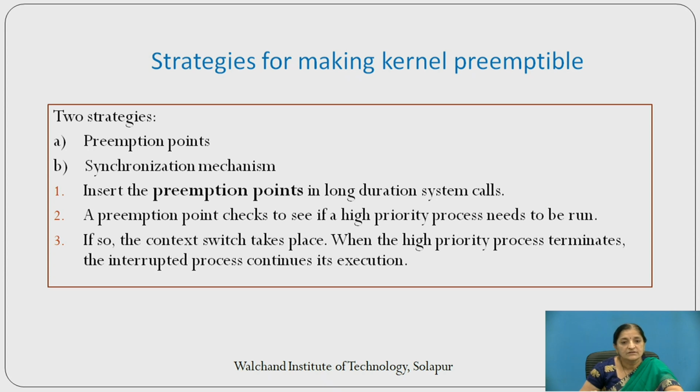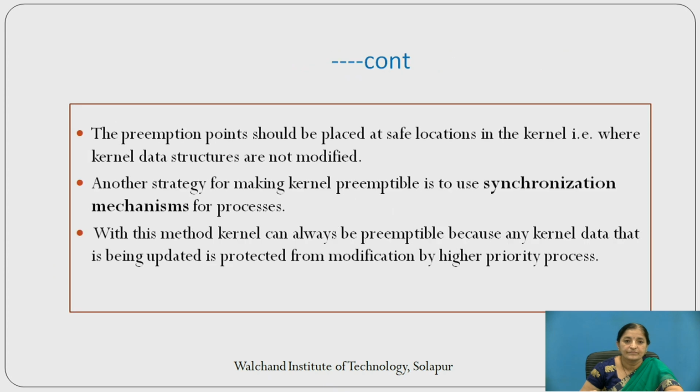If so, the context switch takes place. So the CPU switches from the low priority to the high priority process. When the high priority process terminates, then the interrupted process or the suspended process continues its execution. But the preemption points should be placed at safe locations in the kernel, that is, where kernel data structures are not modified.